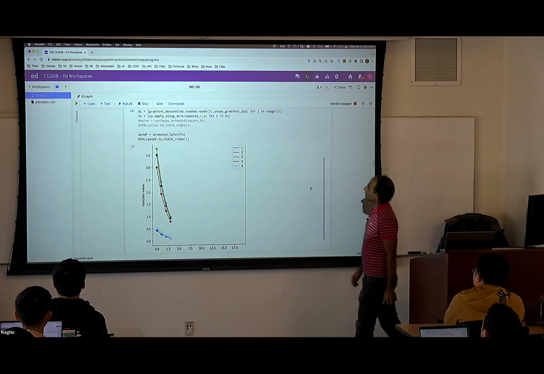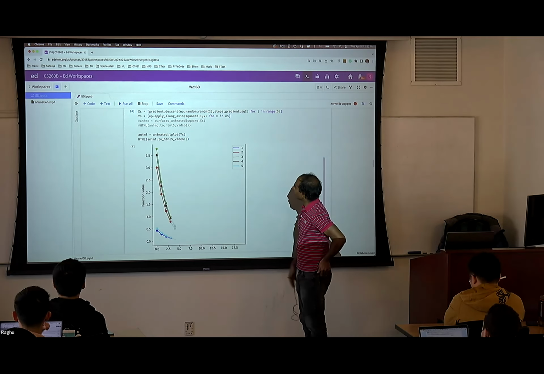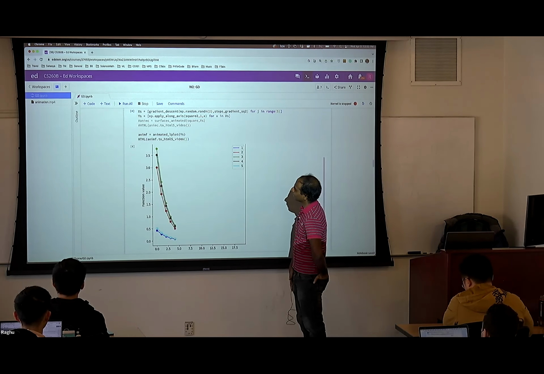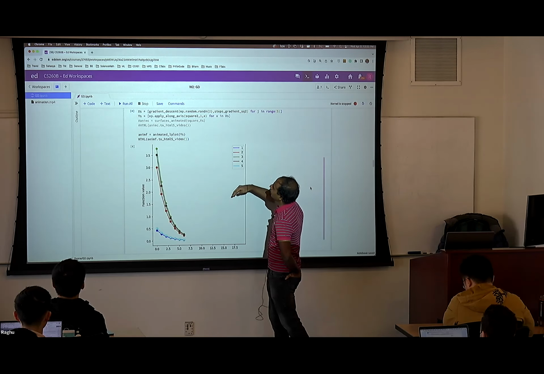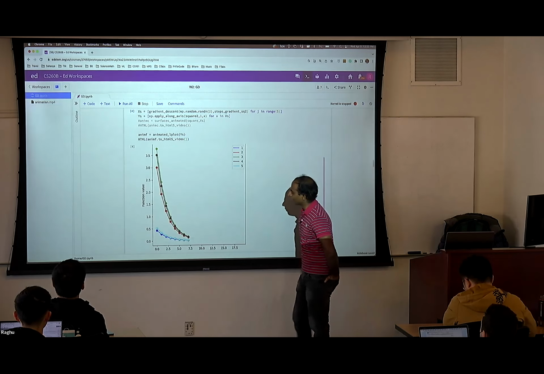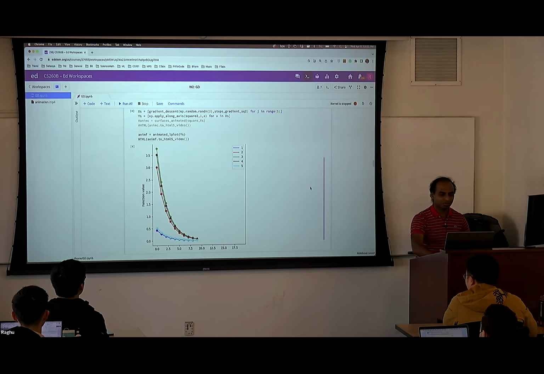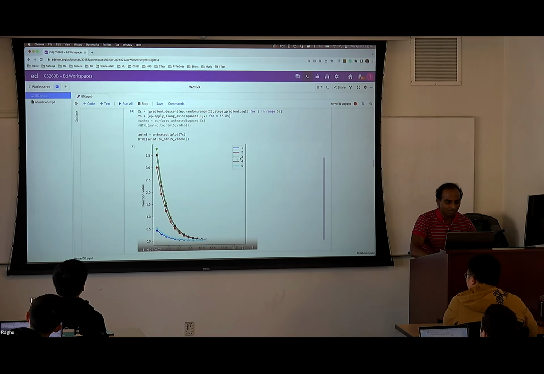So this is gradient descent with various step sizes. Depending on the step sizes, you're having different convergence rates. Does the plot make sense? If I have step size something like 3, I start from here and I do something like this.